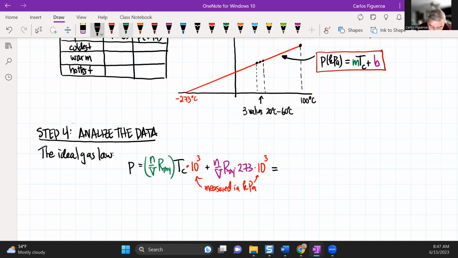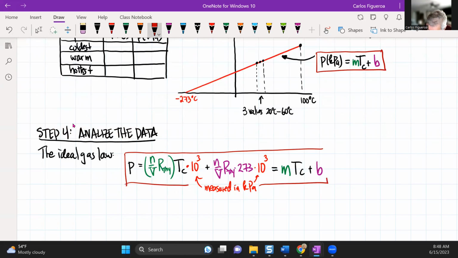This is my slope and my intercept, and this is what you want to get right here. So we want to equate these. I could tell you that my values were: m roughly about 0.35, and b roughly about 92. I went to 3 sig figs.